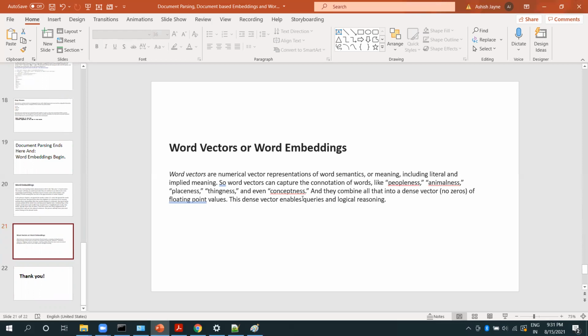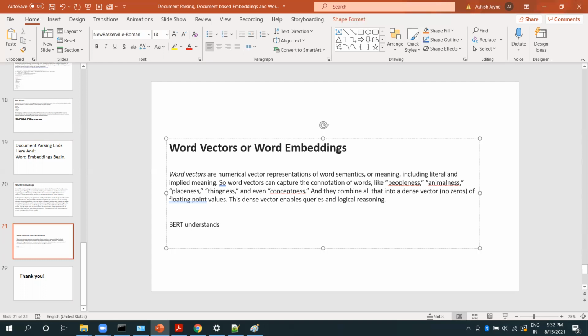For example, if you talk to a word embedding like BERT about Python, it would understand whether you were talking about a reptile, the animal, the snake, or the programming language.